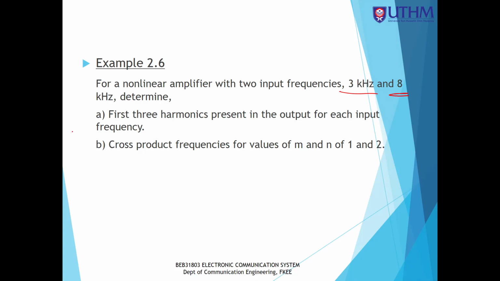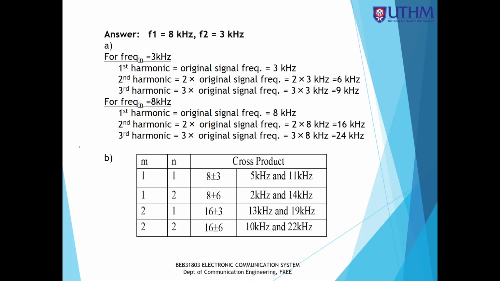So the first question asks, where is the location of the harmonics due to the input? Di manakah kedudukan harmonik ini disebabkan oleh input ini? The question asks up to 3 harmonics only. Since we have two frequencies, F1 at 8 kHz and F2 at 3 kHz, where is the location of the harmonics?